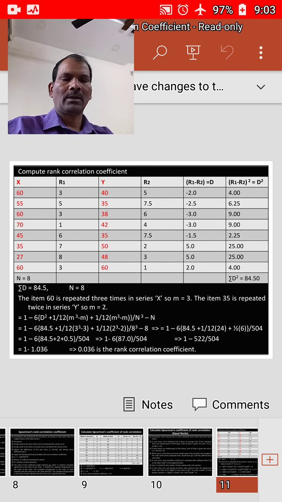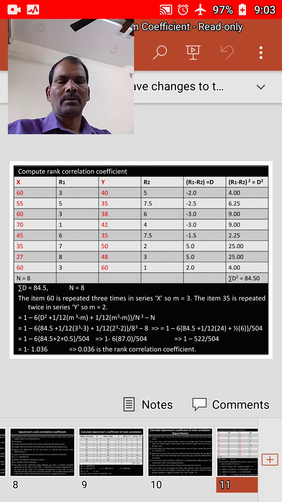Now we will calculate R1 and R2. For X series we will calculate R1. The highest is 70, hence I am giving first rank to 70.